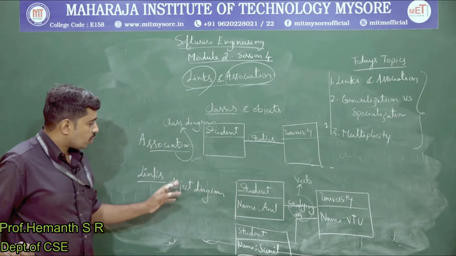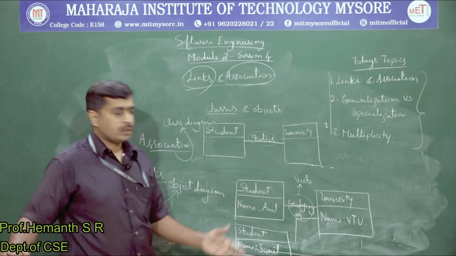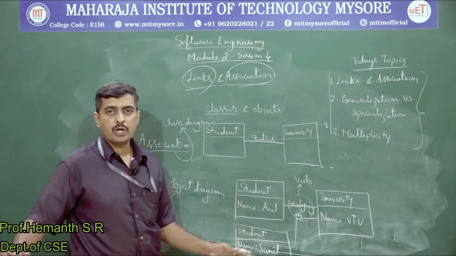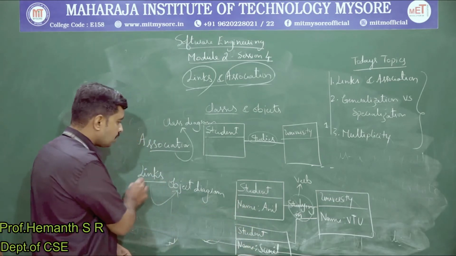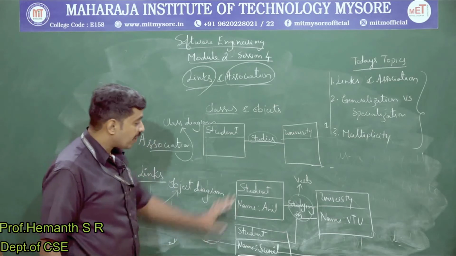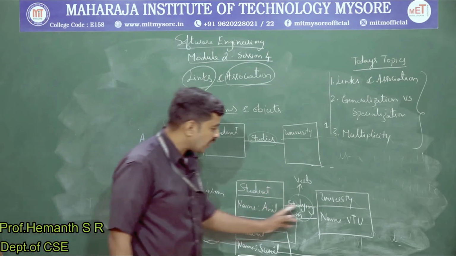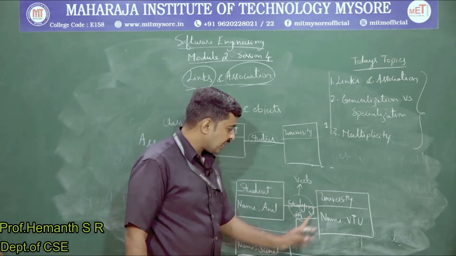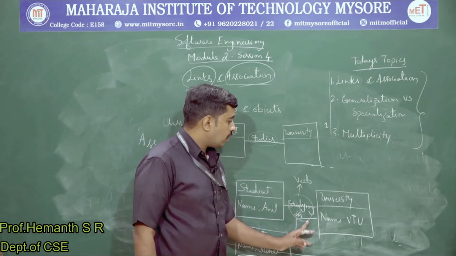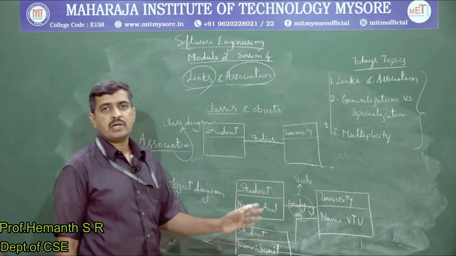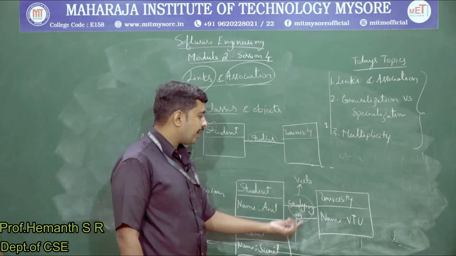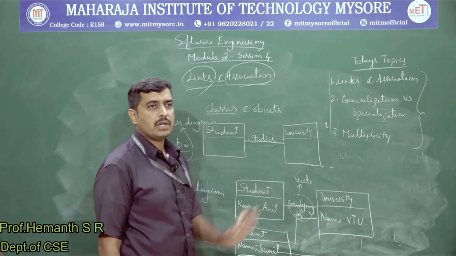If you are trying to represent different objects and the relationship between them, you need to use links, wherein you write the different objects and how they are related to one another. You use a straight line to indicate the exact nature of the relation, and you write an action verb above the line.